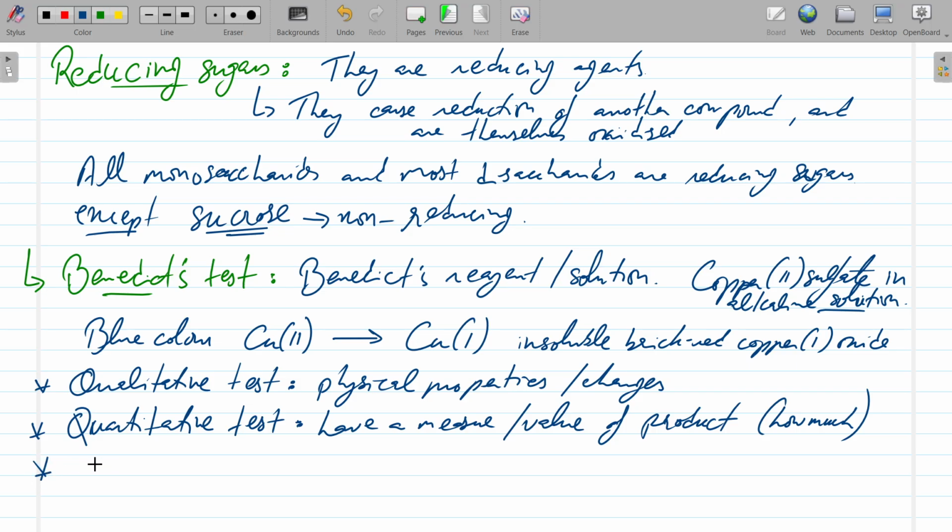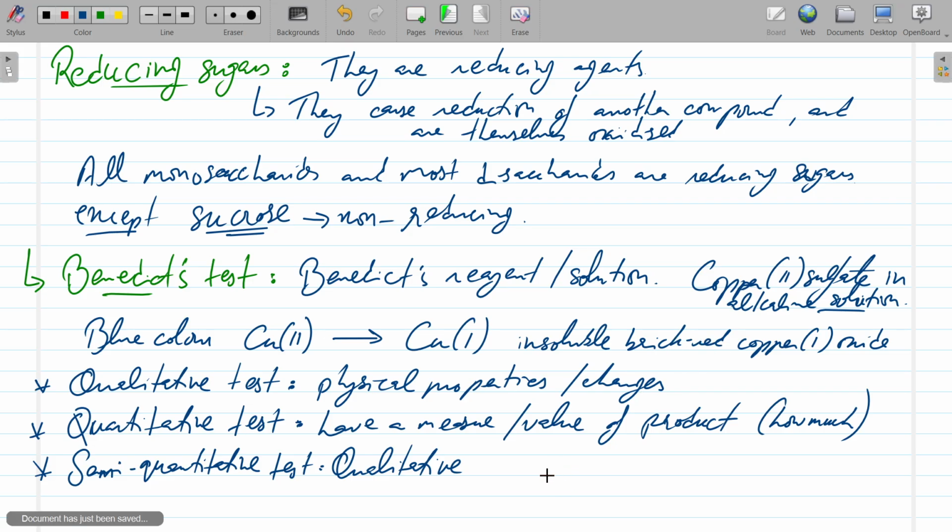And then there's something called a semi-quantitative test. So it's basically a qualitative test. But what you do is, for example, in this case, you get an insoluble brick red precipitate, right?